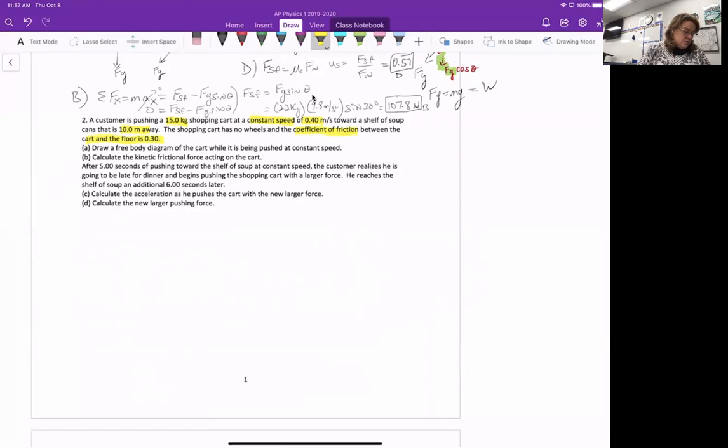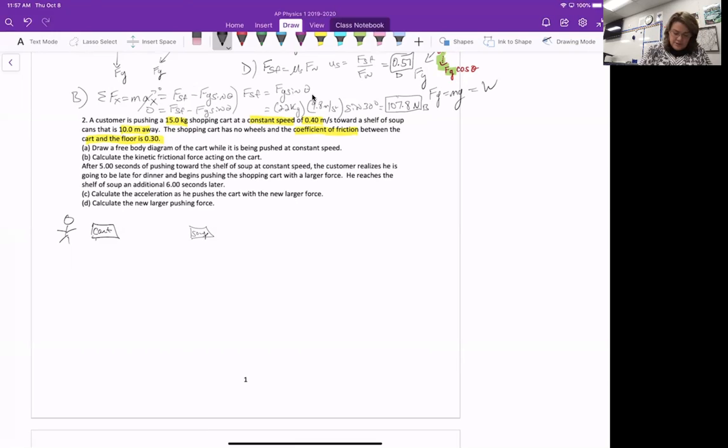So let's draw a picture. I have me pushing my cart. I have no wheels. I have some soup that I'm going to have over here. I have friction because they gave me a coefficient of friction. They did not tell me it was a frictionless surface, right?